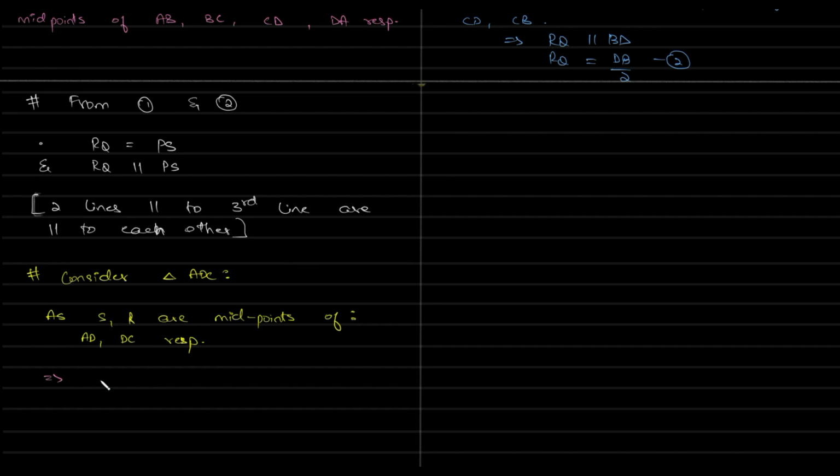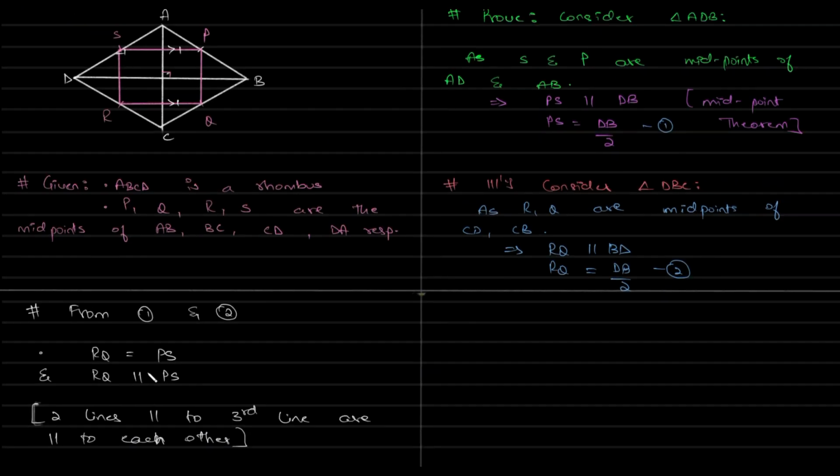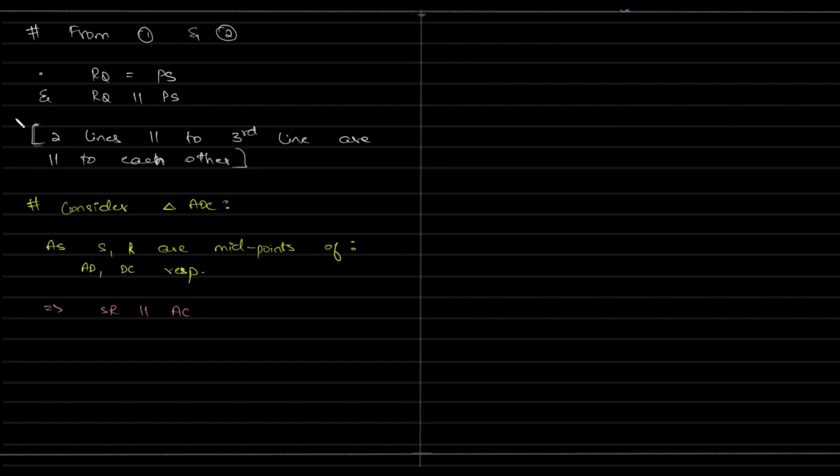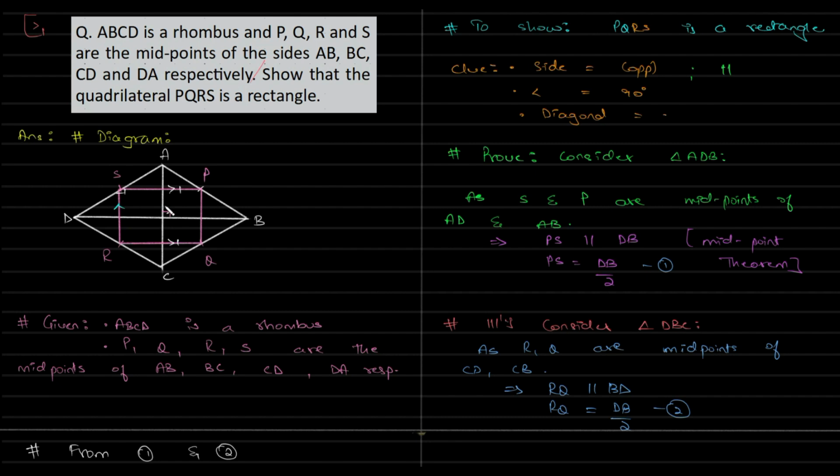This implies SR is parallel to AC, correct. So now we have a few things. This is parallel to this and this is parallel to this. But AC and DB themselves are perpendicular to each other.